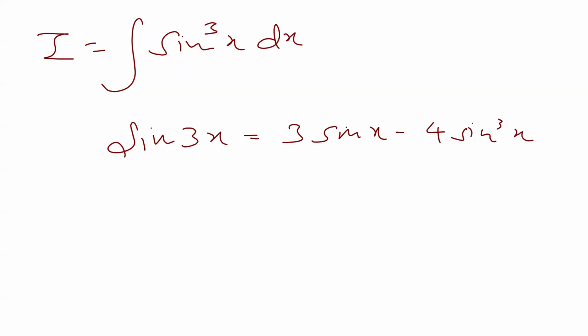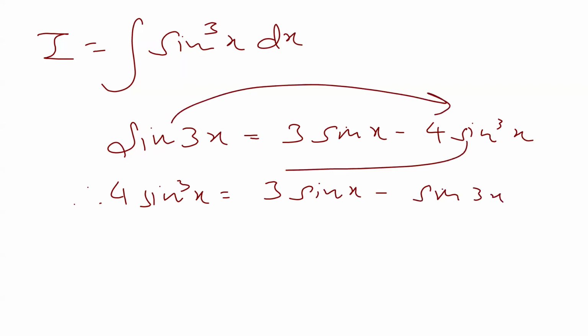So, from this particular triple angle formula, we'll try to find out the value of sine cube x. So, 4 sine cube x is equal to 3 sine x minus sine 3x. Guys, are you getting the point? Is it difficult?